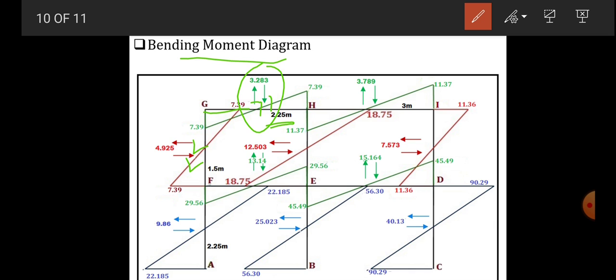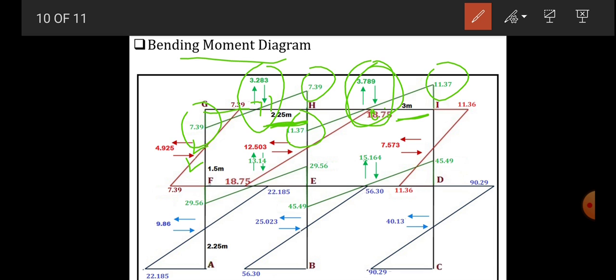So this axial force into perpendicular distance, you will get this bending moment 7.39. Same way for each member you do in the same way. You locate the axial forces, which we know from the joint calculation. These are the axial forces for this mid joint. Into the half distance of a member, you will get the corresponding bending moment diagram.